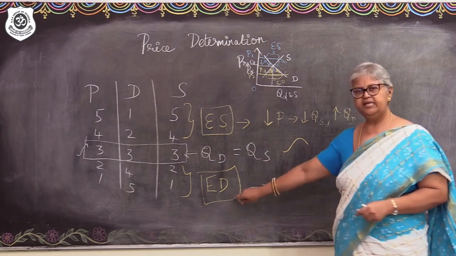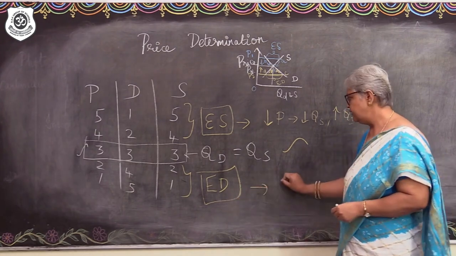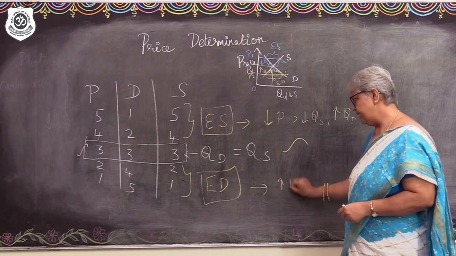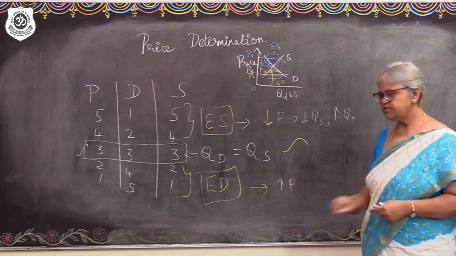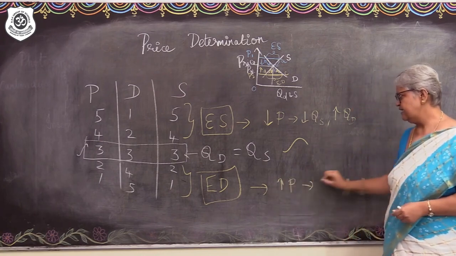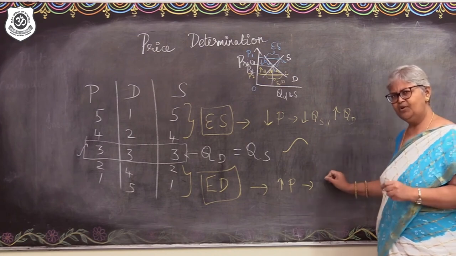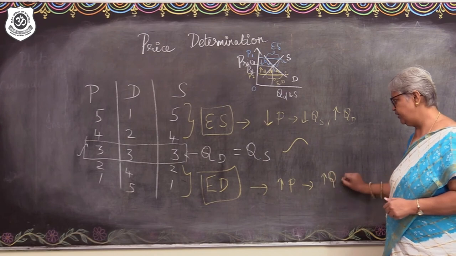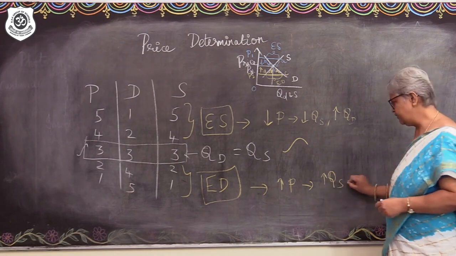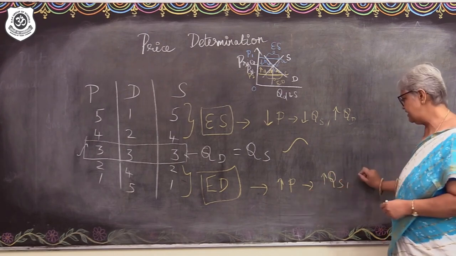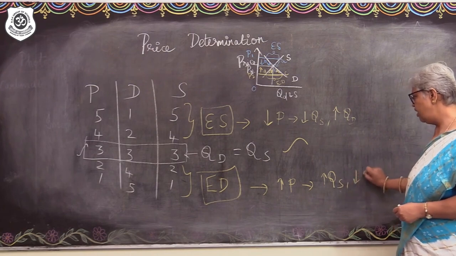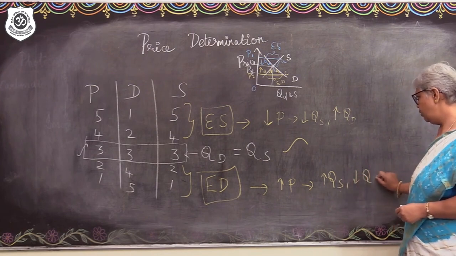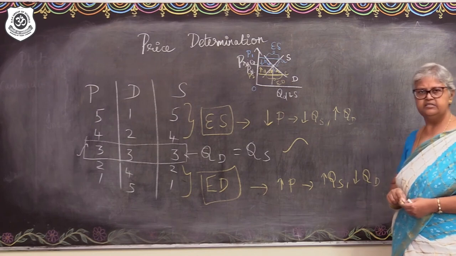So when there is going to be an excess demand in the market, what will happen? The price will increase. So when the price increases, as per the law of supply, there will be an increase in the quantity supplied. And as per the law of demand, when price increases, there will be a fall in the quantity demanded. Let's check it out.